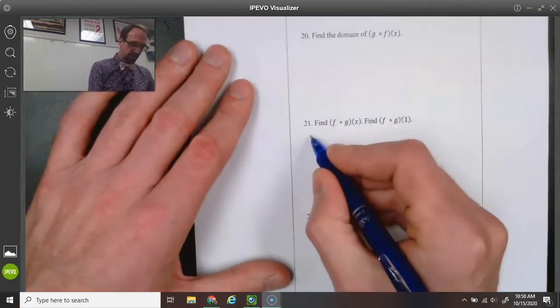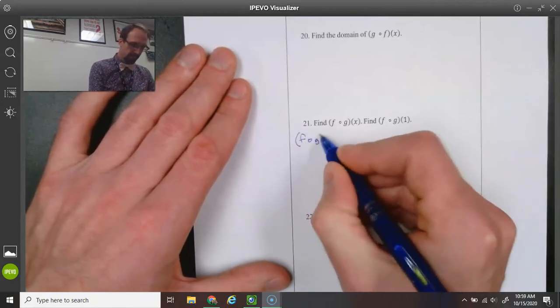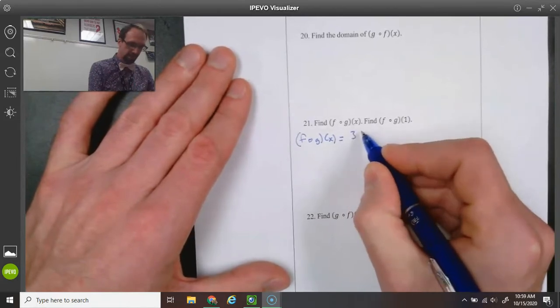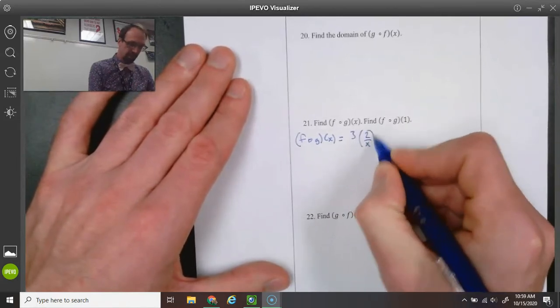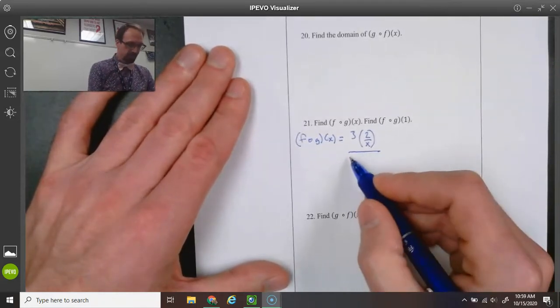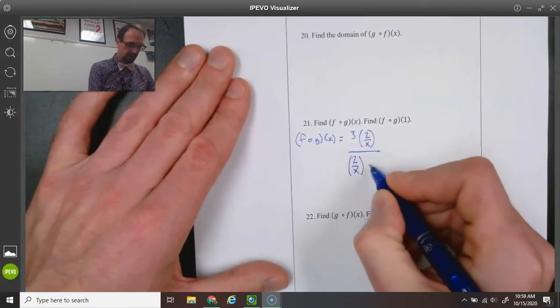So f composed with g of x is equal to 3 times 2 over x. Notice I'm being very careful with how I'm writing this. Divided by, or over, 2 over x minus 1.